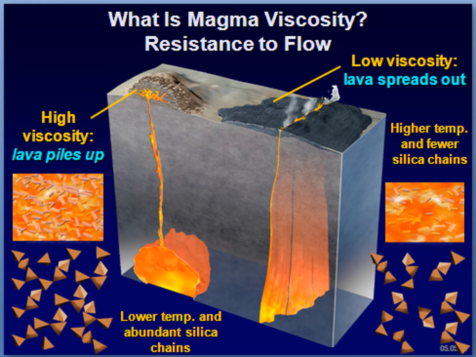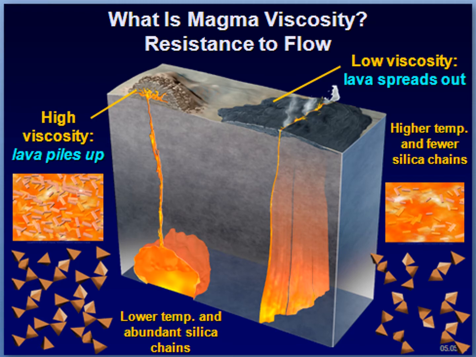So here this set of drawings is pretty good. We're trying to show how the presence of silica is going to affect viscosity and eruption style. On the left, each of those tan triangles is going to represent a silica tetrahedra. Remember the silica tetrahedra? That goes way back to the beginning of the semester and talking about minerals.